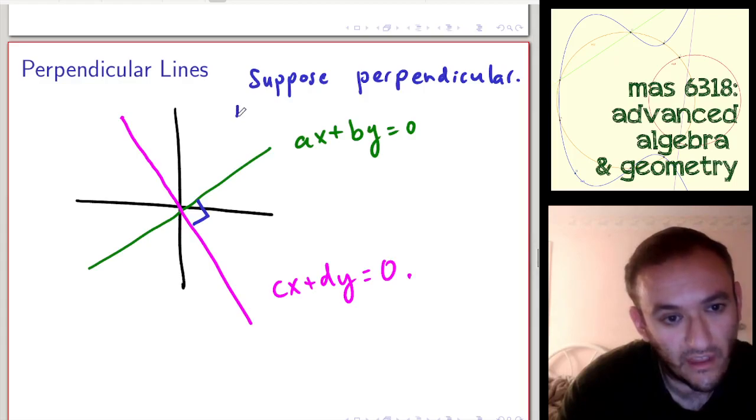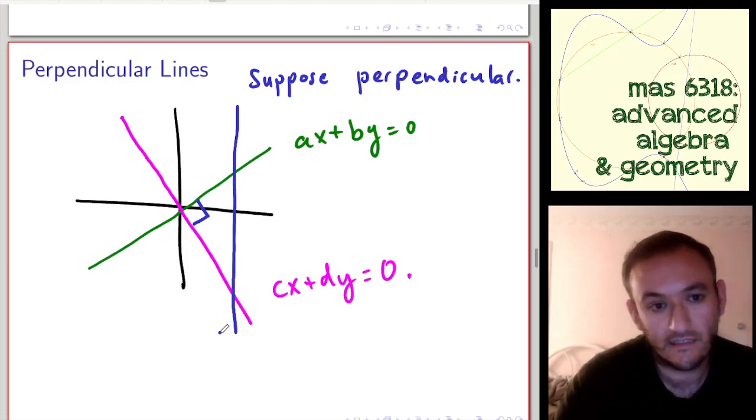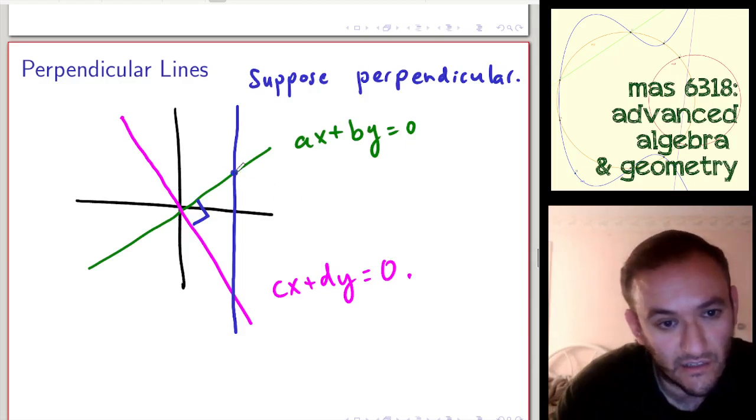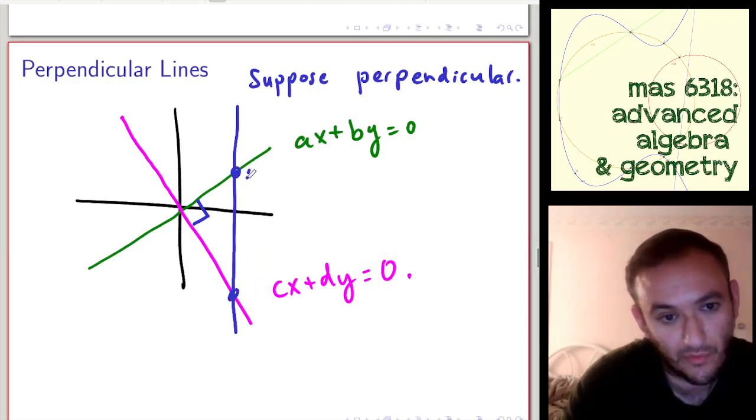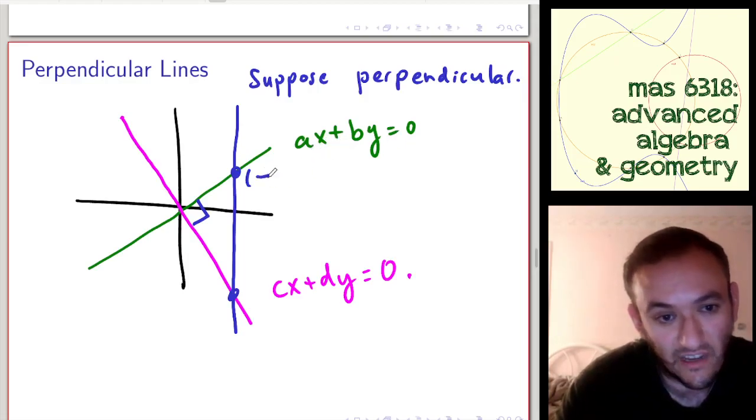Well, we know that if we drop a line here parallel to the y-axis, I can describe this triangle pretty well. So this is the point: if x is 1, plugging x equals 1 into this equation, we would get minus a divided by b for our y-coordinate.